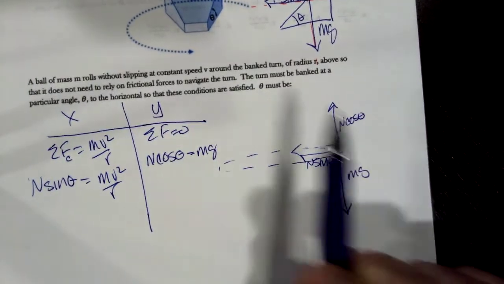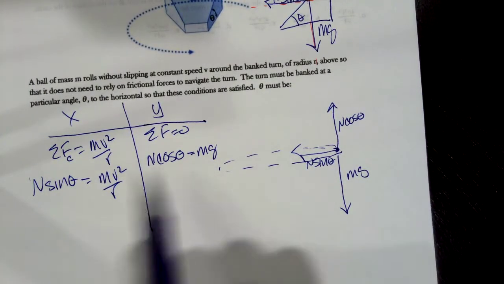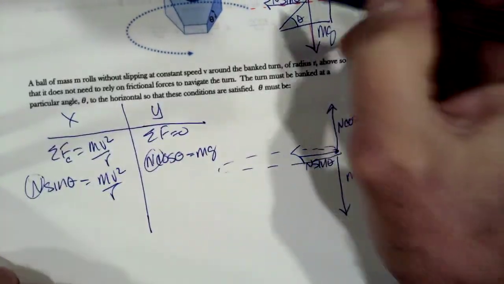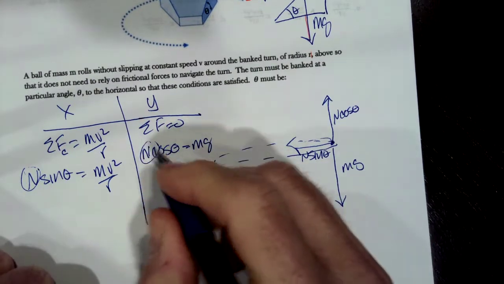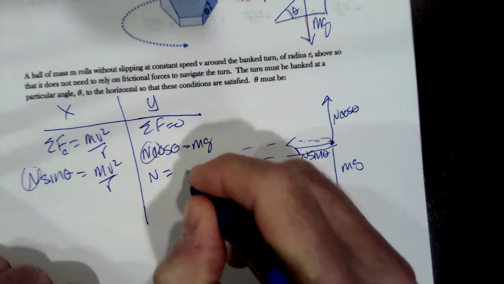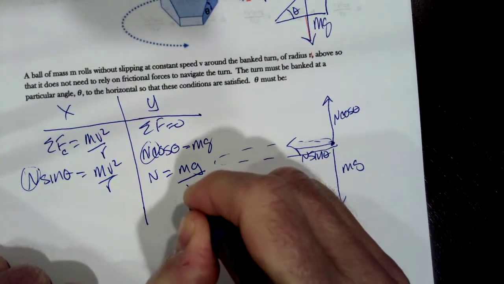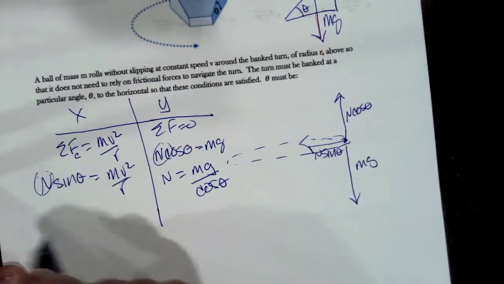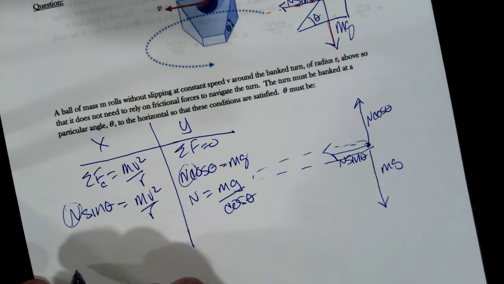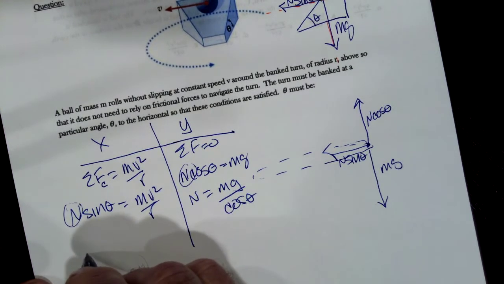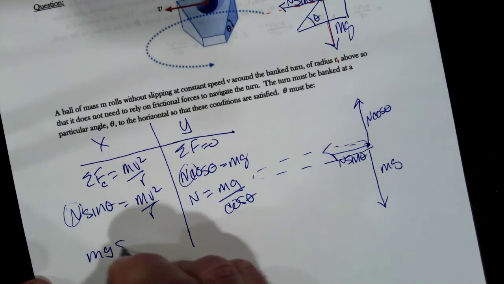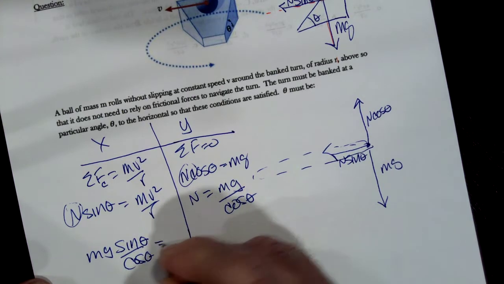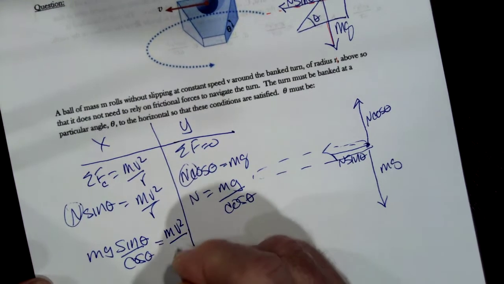At this point in time, I've got to combine to solve for theta, don't I? So this normal force and that normal force are the original normal force. I'm going to solve for it. N equals mg over cos theta. Bring that information over here. Combining my two sides, you get mg sine theta over cos theta equals mv squared over r.